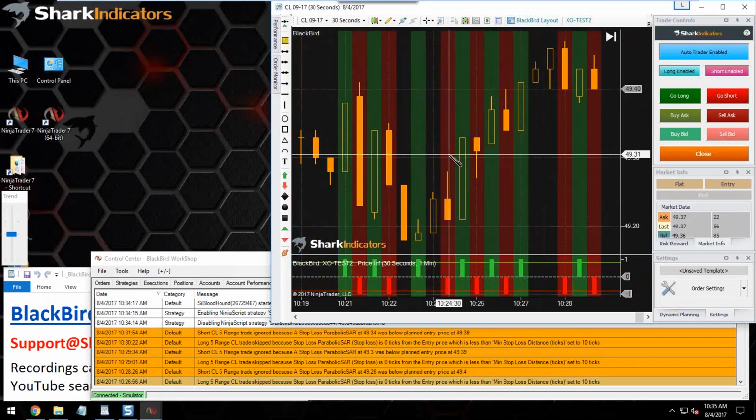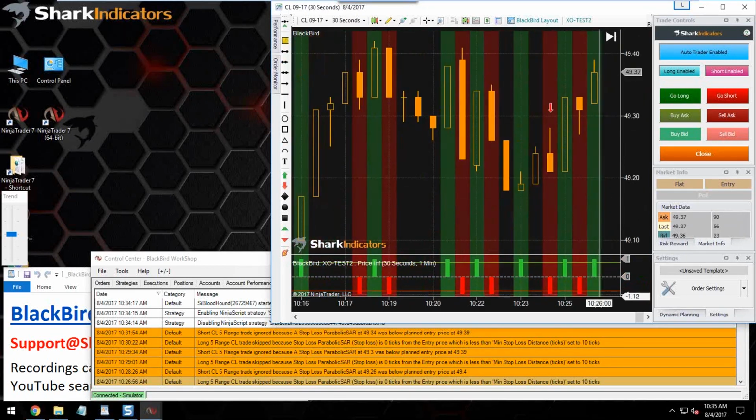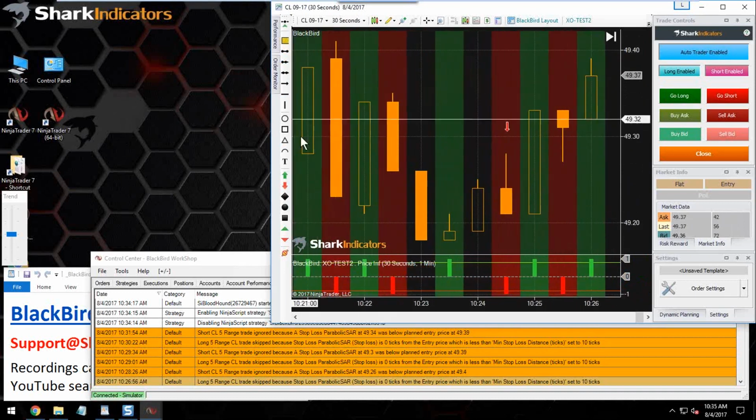So let's take this short signal, for example. Instead of firing off the short trade right away, what's wanted is to wait until the opening price has been crossed.